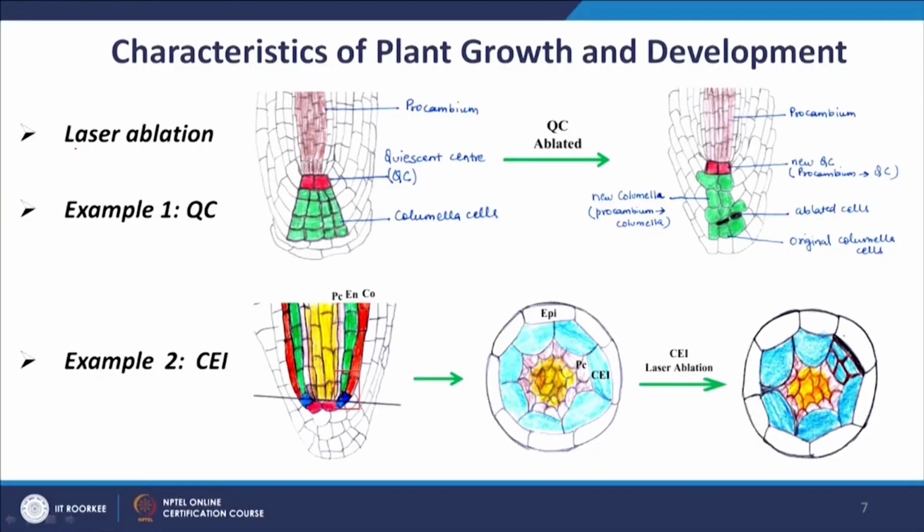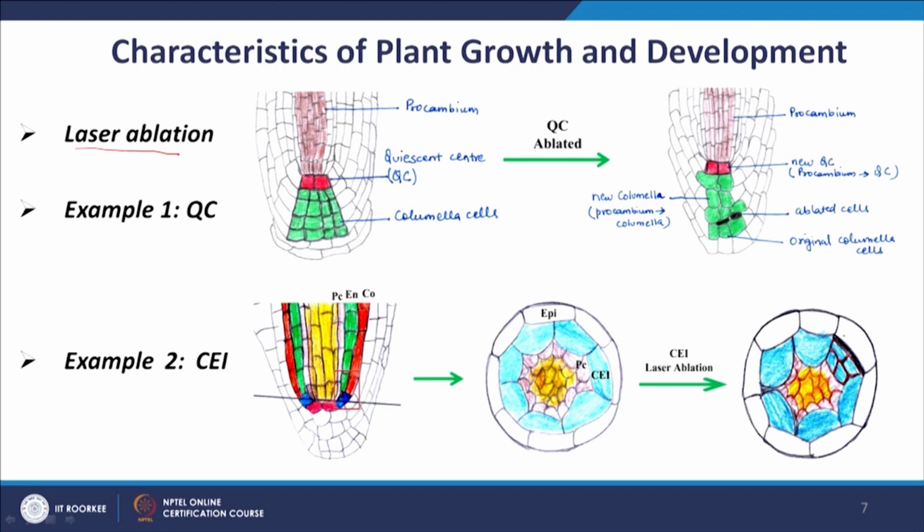Another very important technique which can be used to distinguish whether cell fate is determined by lineage or by position is laser ablation. Laser ablation is a technique through which, in a very specifically targeted way, you can kill some cells and then look at what happens. As a first example, take the cell called the quiescent center.